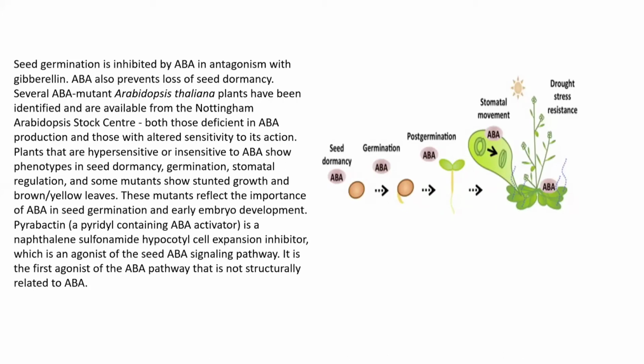Plants that are hypersensitive or insensitive to ABA show phenotypes in seed dormancy, germination, stomatal regulation, and some mutants show stunted growth and brown yellow leaves. These mutants reflect the importance of ABA in seed germination and early embryo development.